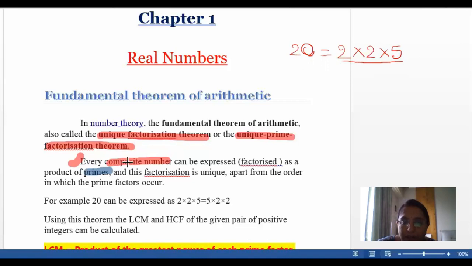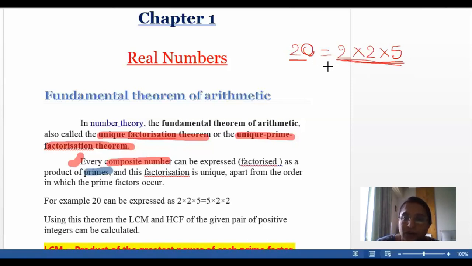The first sentence is: every composite number can be expressed as a product of primes. So this composite number is expressed as a product of primes. Every composite number can be expressed like this. Then, this factorization is unique. Whatever factors are there for this 20, they are unique.